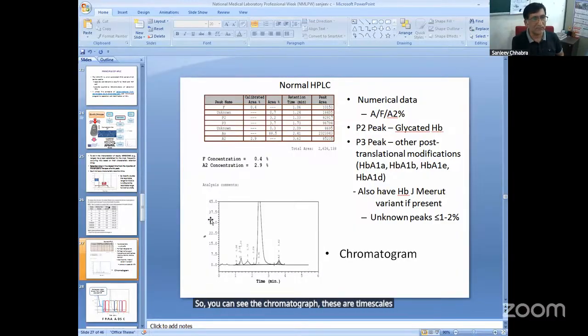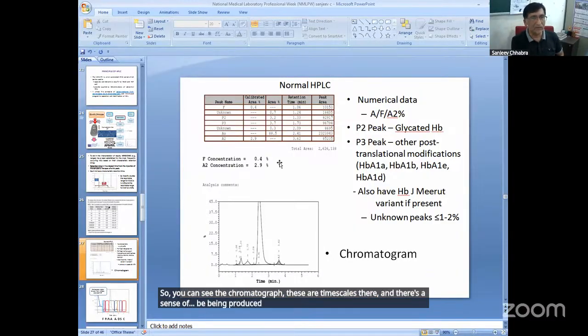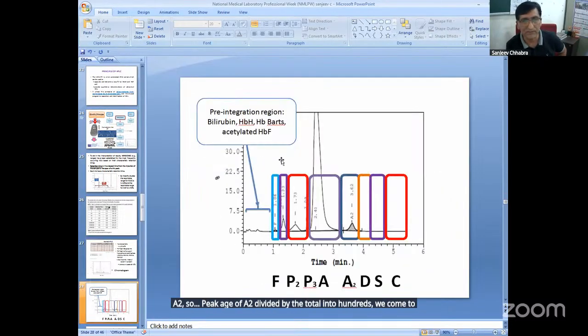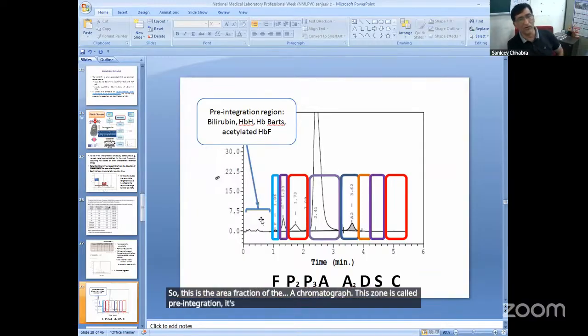Here the time scale is there, and the percent of B being produced. And you see the peak area is there. We have calculated the peak area of each and every peak, and the total. If we want to know the percentage, suppose of A2, then peak area of A2 divided by the total area times 100 gives us the percentage. So these are the various fractions of the chromatogram. This zone is called pre-integration. It's not counted for area calculation, but we can find the Bart's, HbH, and HbF.